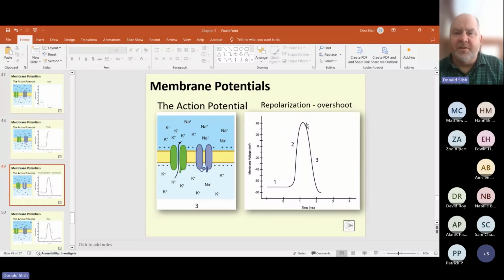So in this next phase of the action potential, these guys are inactivated, and these guys are open. So now we're going to rush towards the Nernst potential of potassium, which is like -90. So we rush down, and you can see we're down below where we were. This is the overshoot. So this is down below resting.